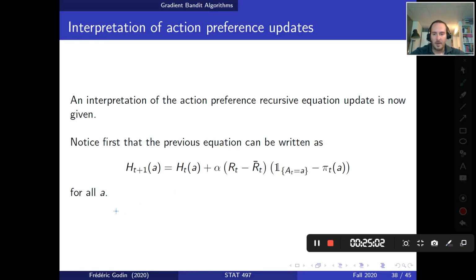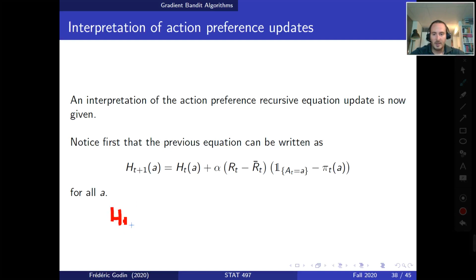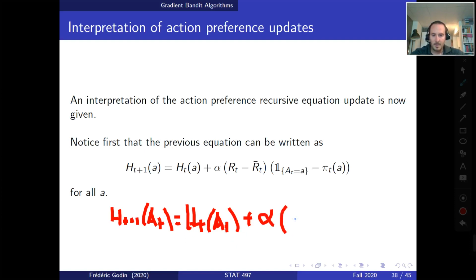We had h_{t+1}(a) is equal to h_t(a) plus alpha (R_t minus R_t bar) times (1 minus pi_t(a_t)).